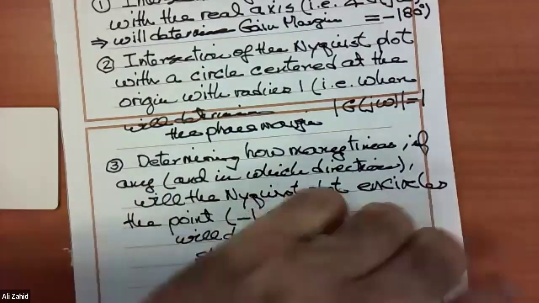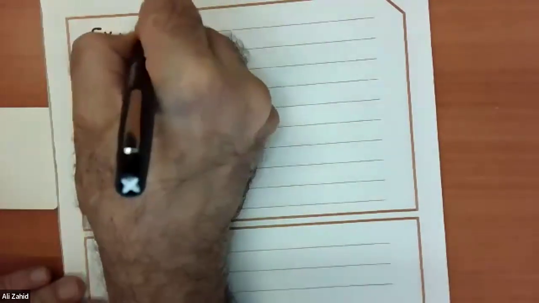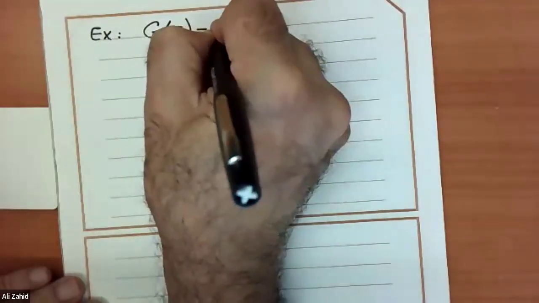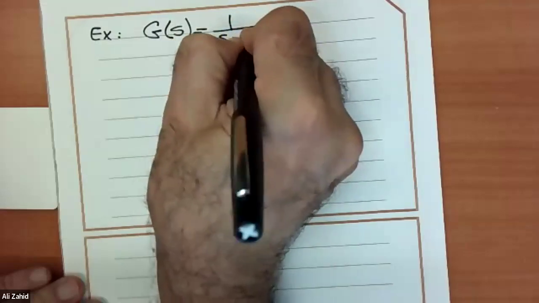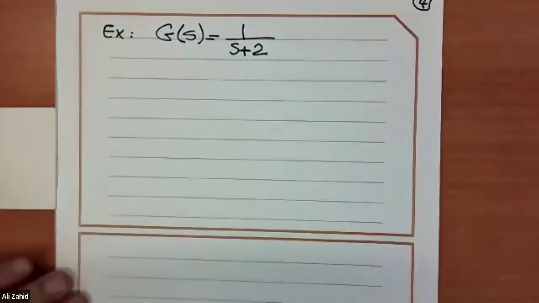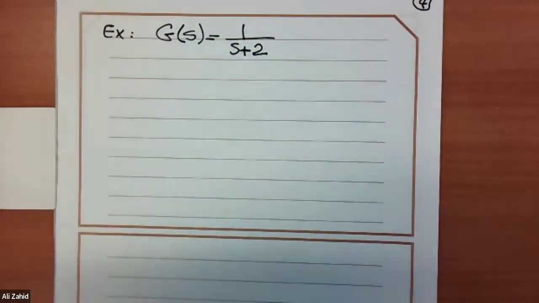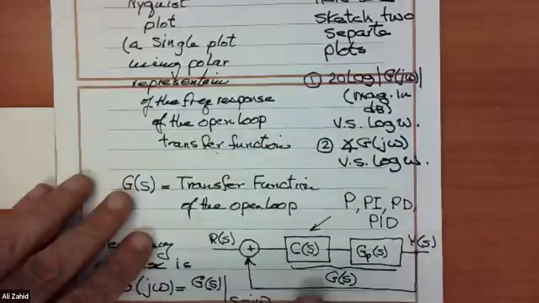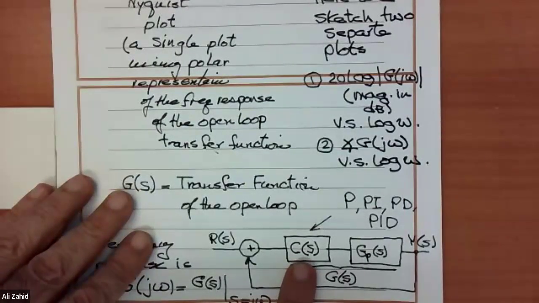Let's take a simple example. Suppose G(s) is equal to 1 over s plus 2. This is the transfer function of the combination of the controller and the plant. But wait, is it possible we don't use a controller? Possible.